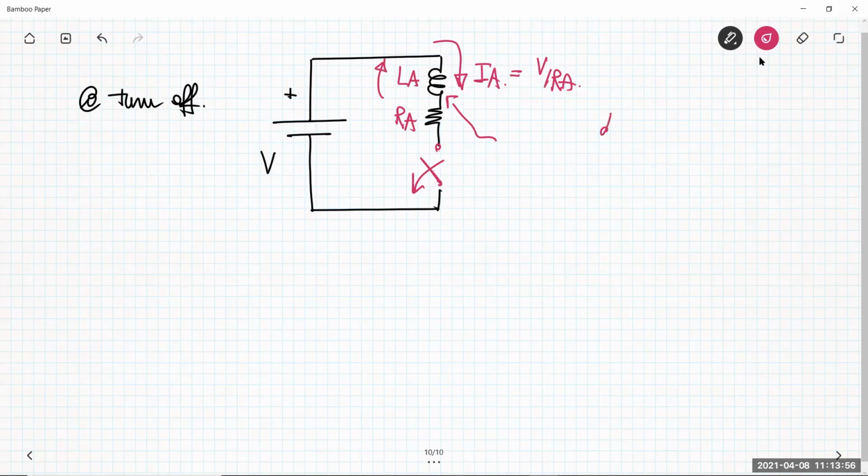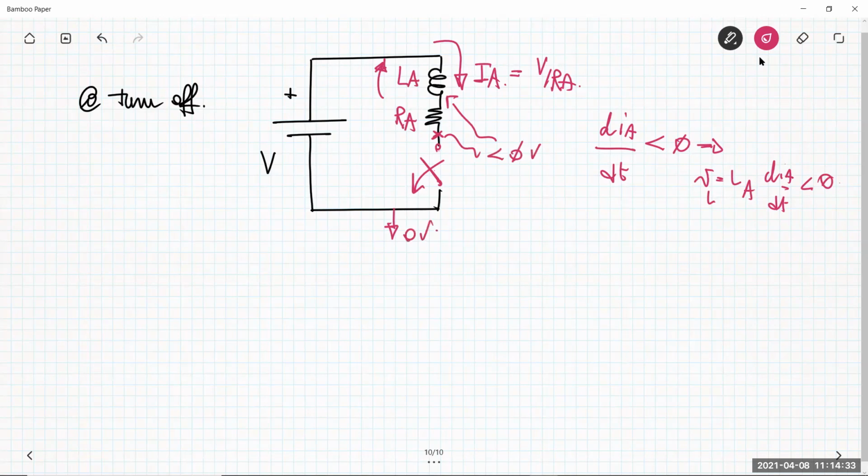The current should go negative, so dI over dt becomes negative, because it must reduce the value. Looking at the equation for VL, it means VL becomes negative. So the voltage across the switch can go to a value less than 0 volts.